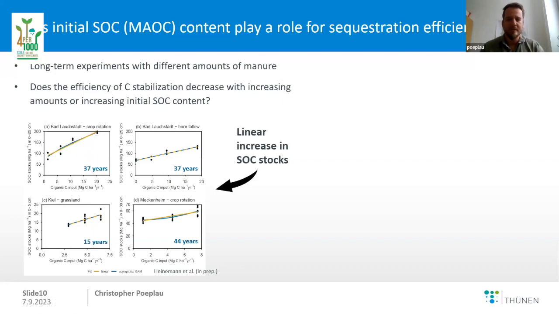So this is really crazy, but you find long-term experiments about everything really. And as you can see, in all 4 experiments, it looks like there's a linear increase in soil organic carbon stocks, which we might not really expect when we think that the soil is approaching its saturation limit.